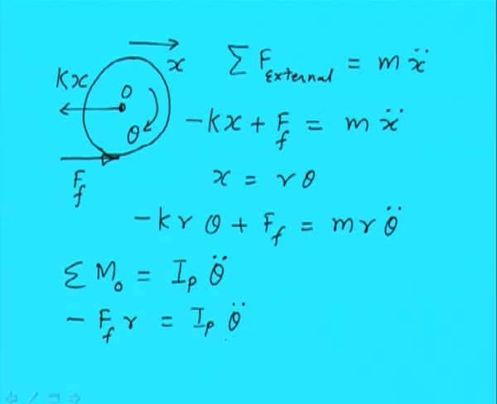So you can see that the friction force we have got from this, we can even write I P as half m r square. So we'll get half m r theta double dot as the friction force, and this friction force we can substitute here. So let us write this equation after substituting this friction force.